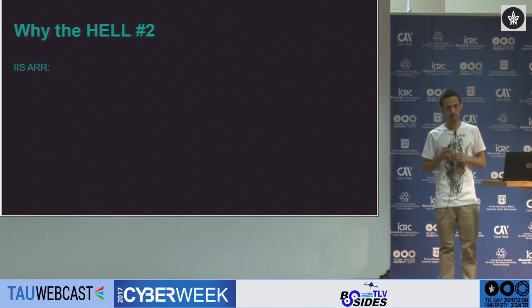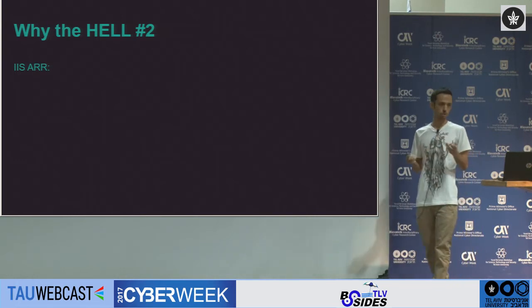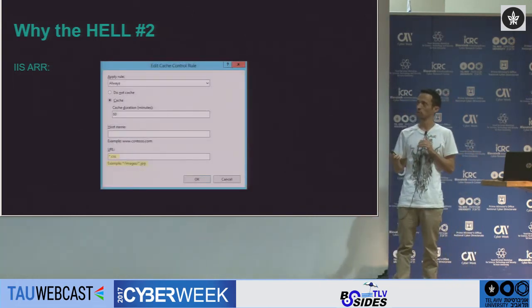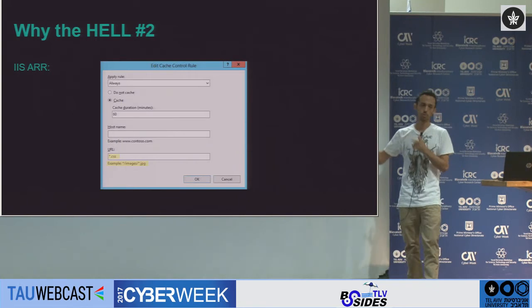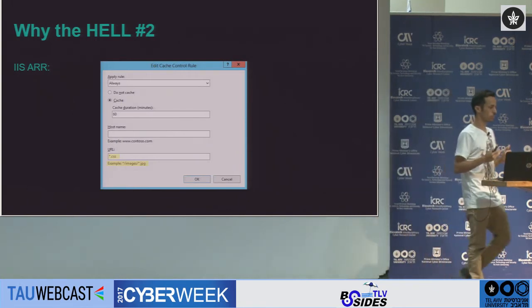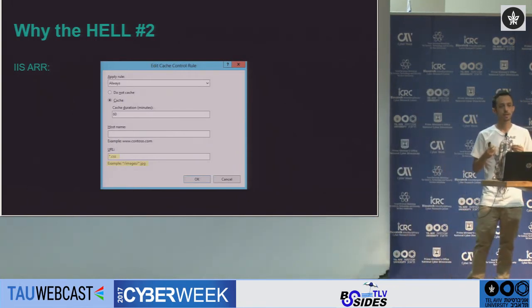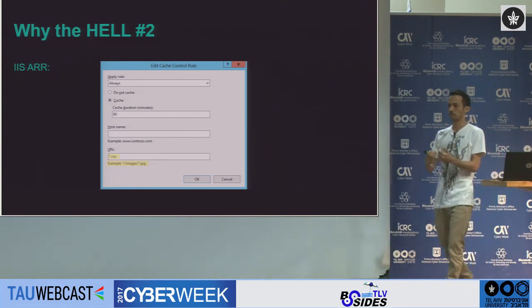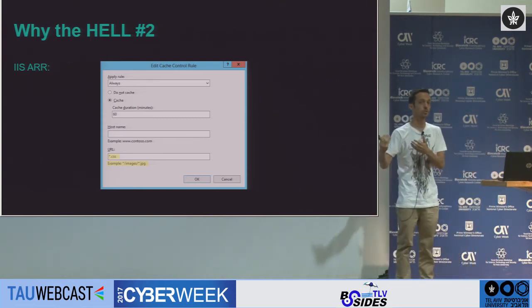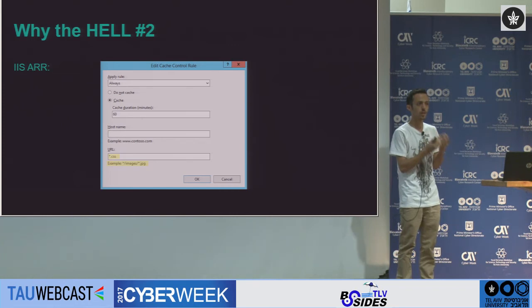For IIS ARR, you can set your own caching rules. When you set a caching rule, here you can see the edit cache control rule window. We need to look at the way that IIS ARR decides, for any file that it receives from the web server, which type of file this is.